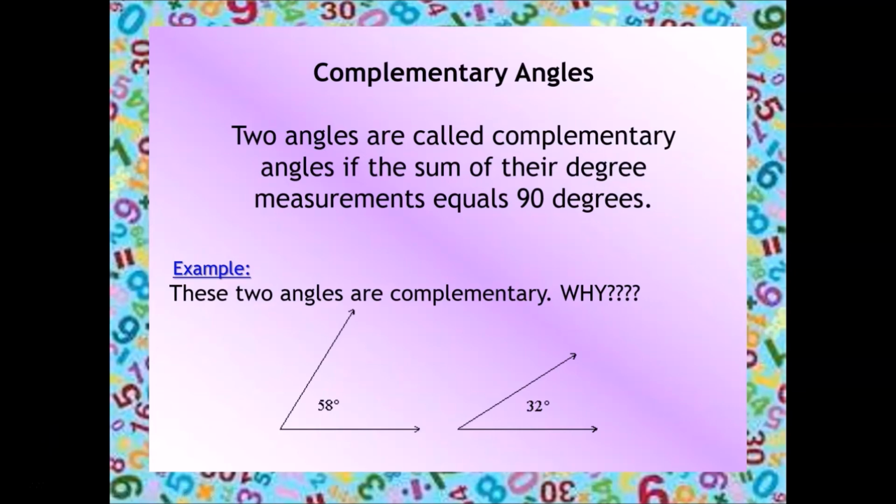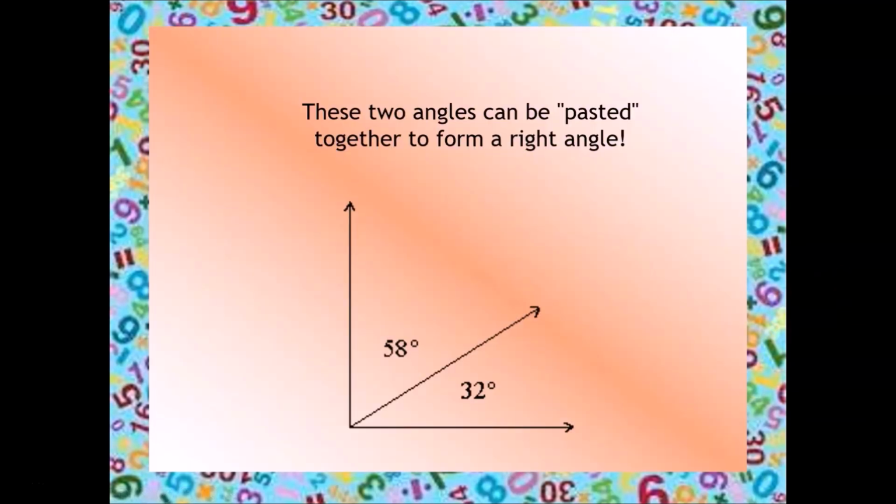When we place these two angles side by side, 58 and 32 sum up to 90 degrees, or a right angle. Therefore, these two angles, 58 and 32, are complementary angles.